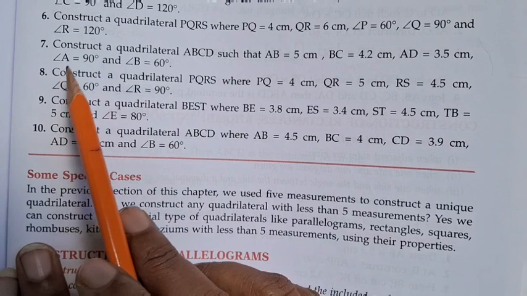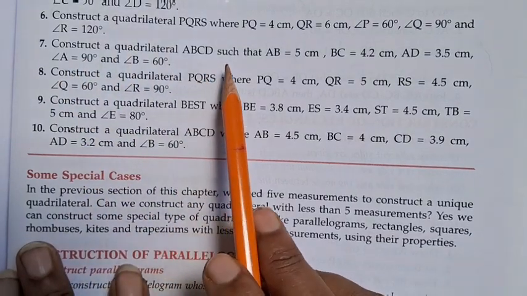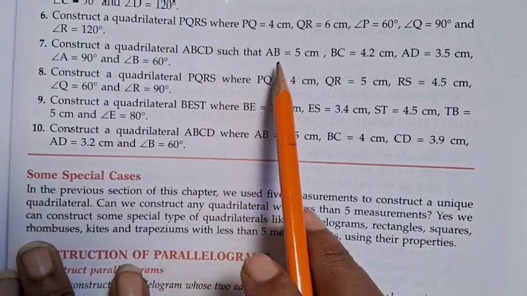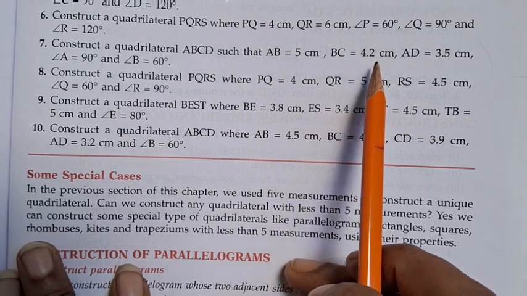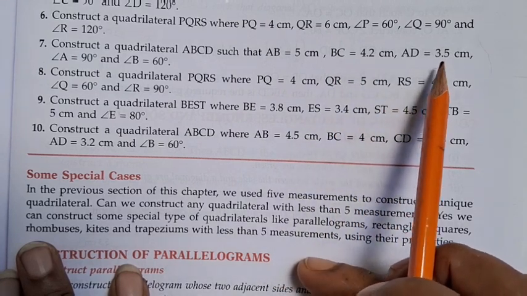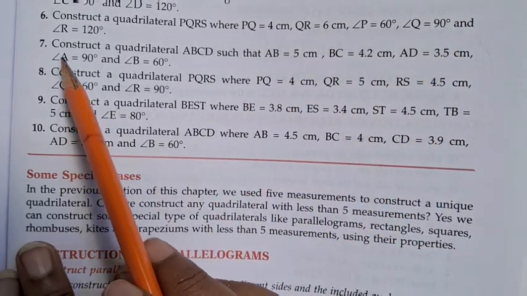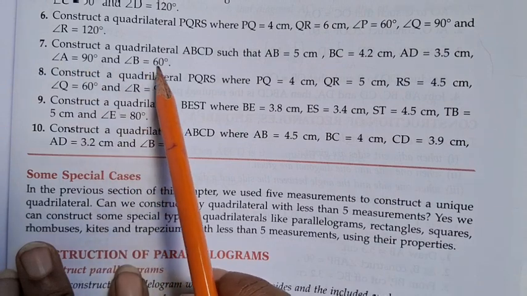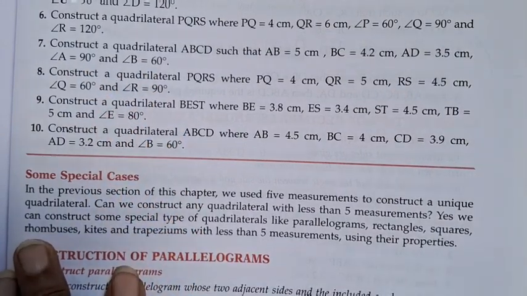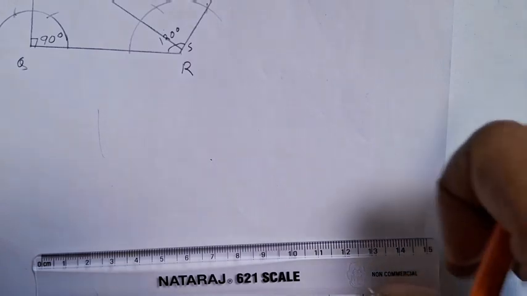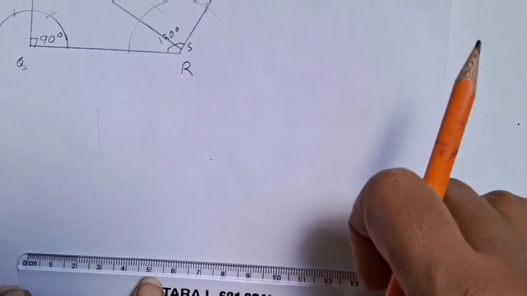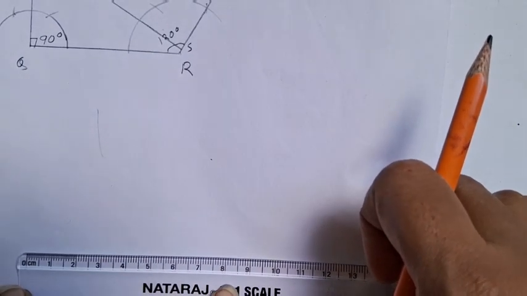Here we have to construct our quadrilateral ABCD such that AB is 5 cm, BC 4.2 cm, AD 3.5 cm, angle A 90 degree and angle B 60 degree. So at first I draw AB, which is 5 cm.